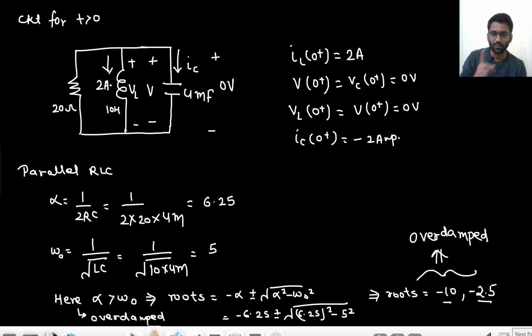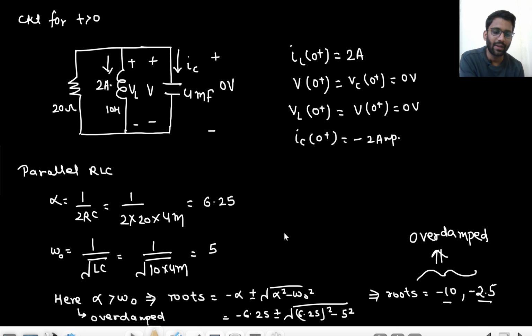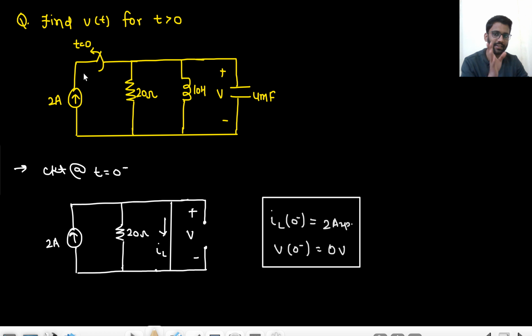So what do you need to find? You need to find V(t). What will be the expression of V(t)? Since it is a parallel RLC with only initial conditions, no source is there, because for t greater than 0 the source is gone.